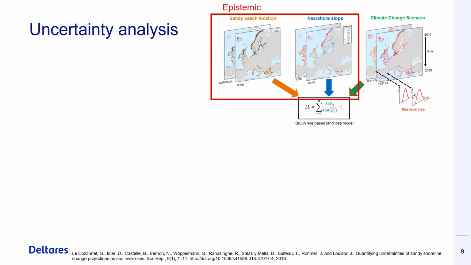Obviously, these kinds of datasets can be improved when better methodologies and remote sensing state-of-the-art evolves, and this uncertainty can be reduced. But with the information that we have right now, we were able to at least make a comparison of how these uncertainties compare to each other.